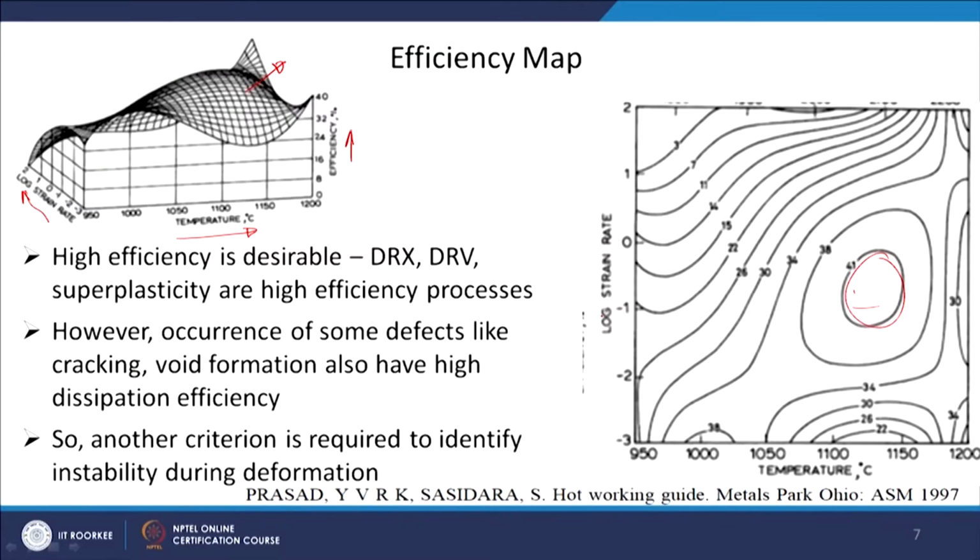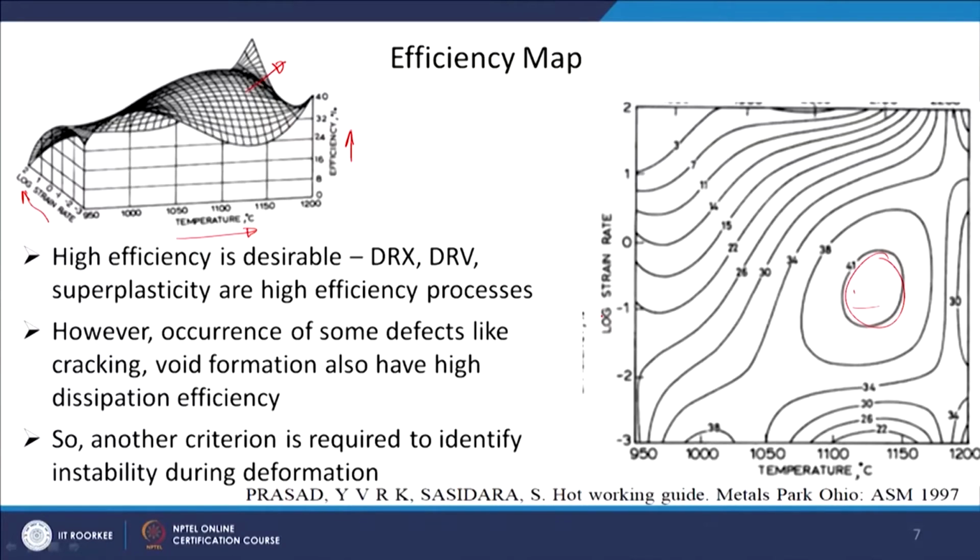Okay. Of course, it is taken as logarithmic because we are changing strain rate by orders of magnitude, 10 to the power minus 3, 10 to the power minus 2, then 10 to the power minus 1 and so on. Okay. So, I have to have a log scale. Temperature I am more or less varying in a linear fashion. So, the x axis is linear here, and on that we are plotting these high efficiency maps. Okay.